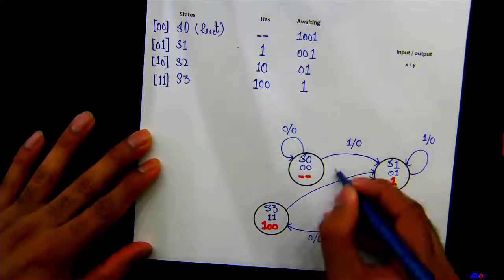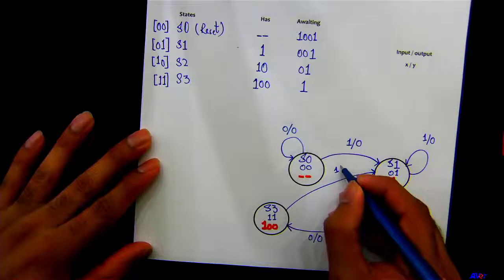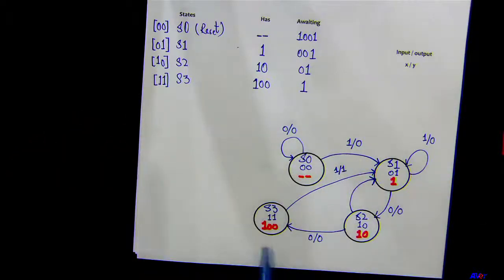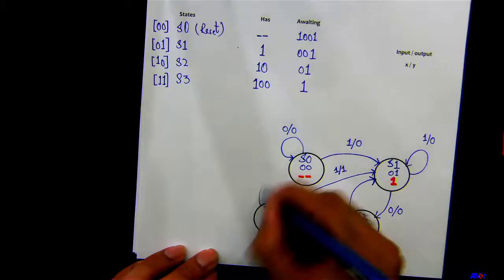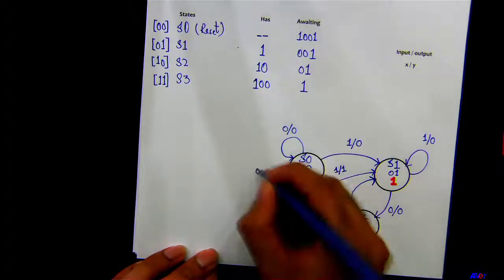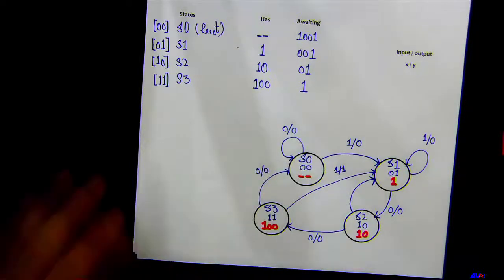Here, input is 1, and the output is going to be 1. If it was 1, 0, 0 and the input was 0, what should be the output then? Then it goes to S0, correct? There you go. Output is 0. So our state diagram is ready.